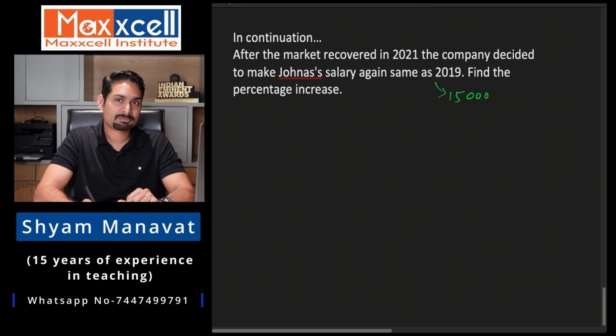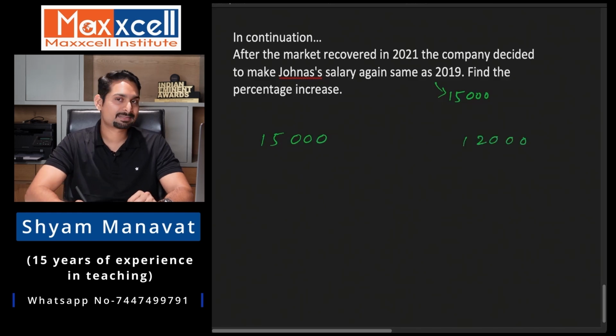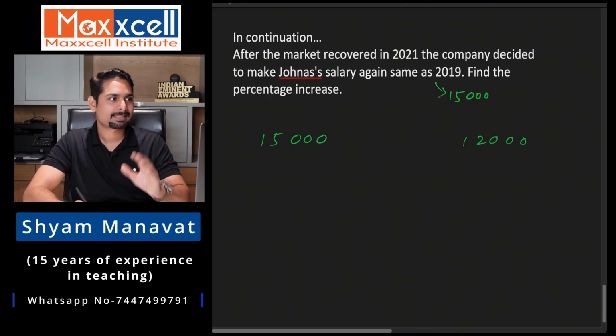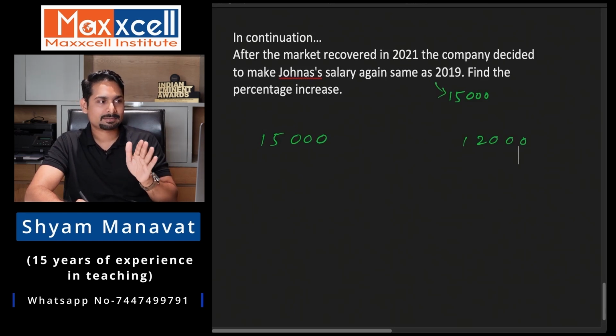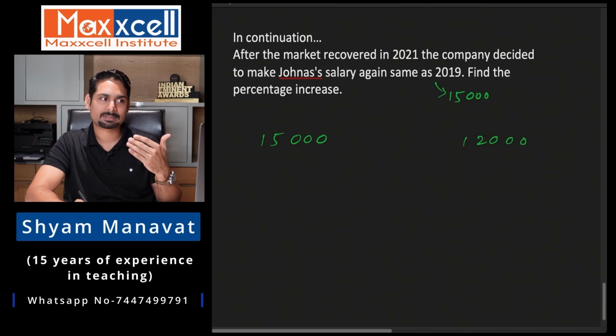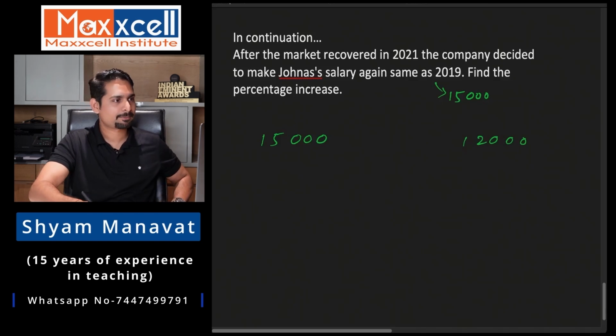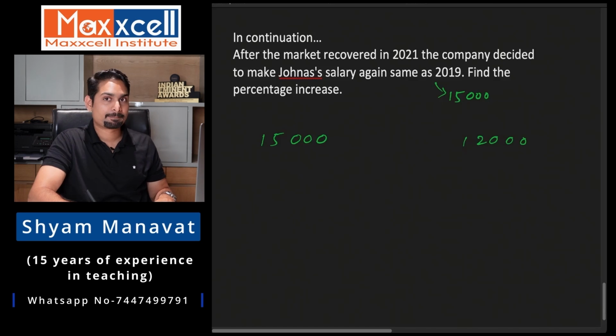Now which one will be the initial value this time? Is 15,000 the initial value or 12,000? The market recovered in 2021 and the company decided to make the salary again the same as 2019, which is 15,000.